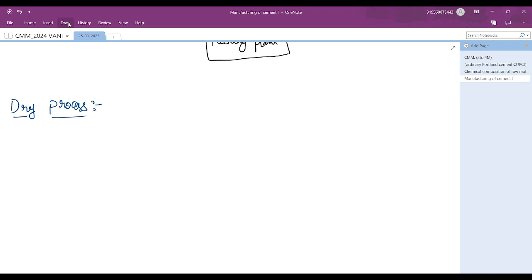Be it a wet or dry process, the raw materials remain the same. Here it is clay, here it is limestone. In the dry process, water is not added.